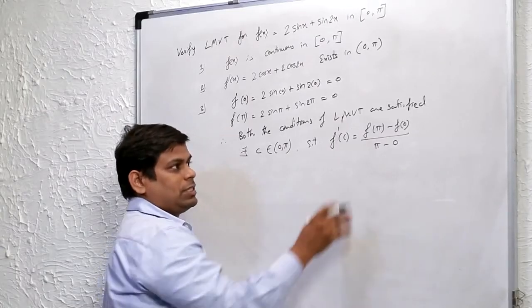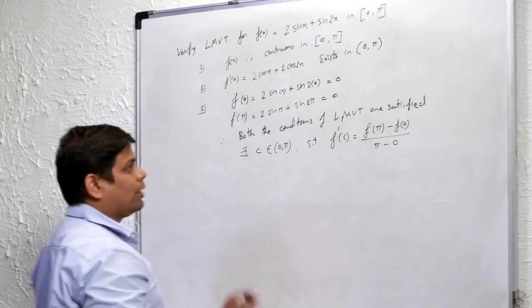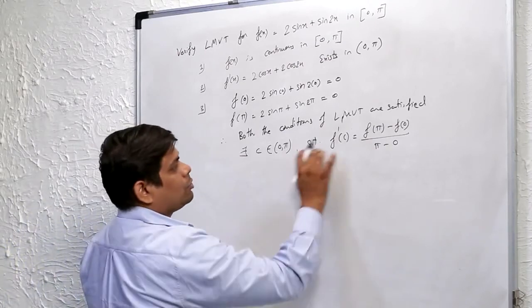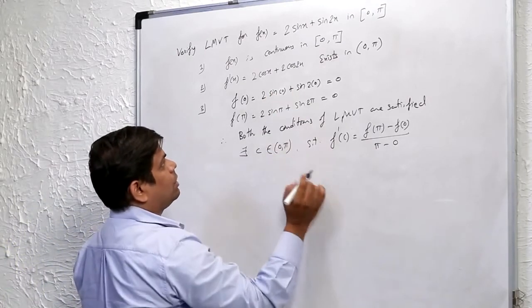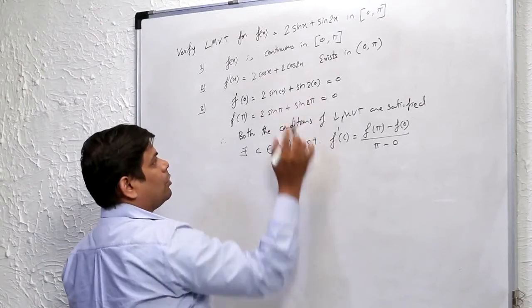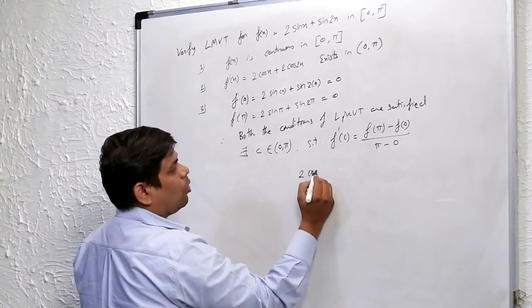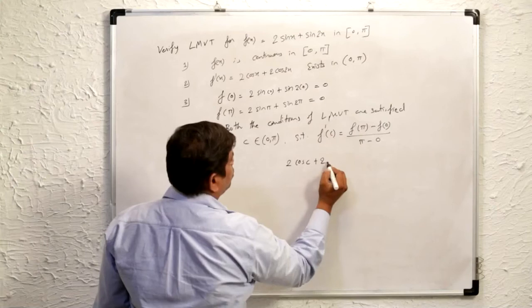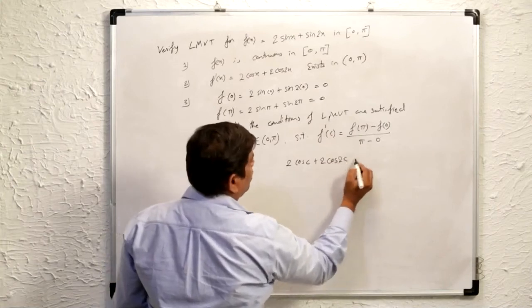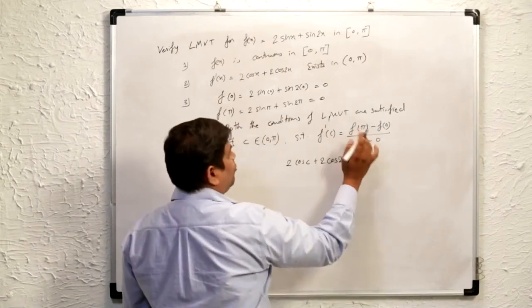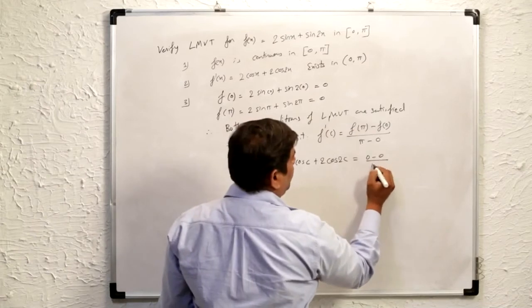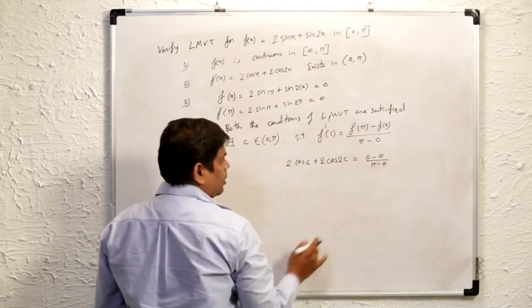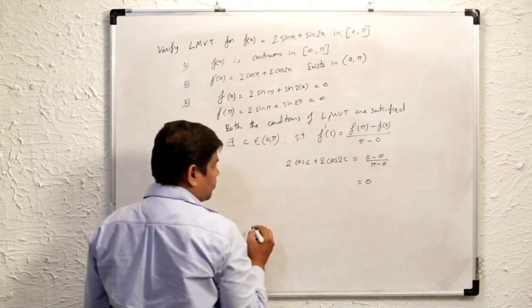Please understand students, this is because of the theory which I have taught you in class. So f dash of C is, in this case, replace x by C here. We are going to get 2 cos C plus 2 cos 2C is equal to f of pi minus f of 0 over pi minus 0, which gives you 0.